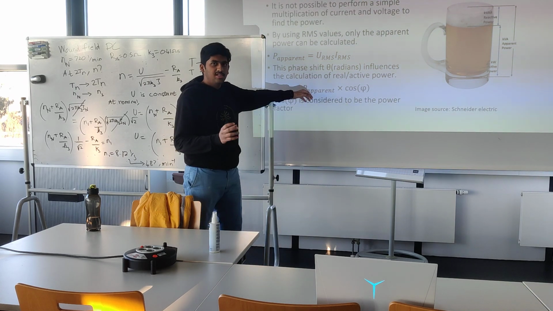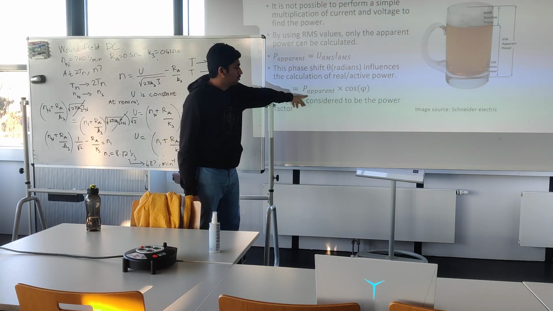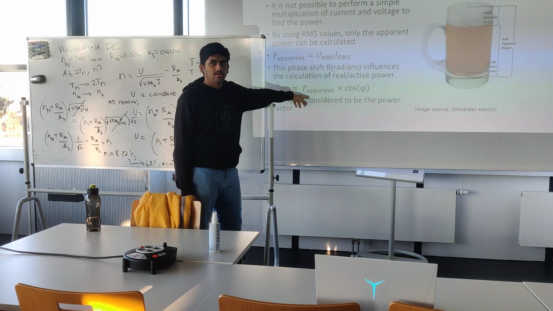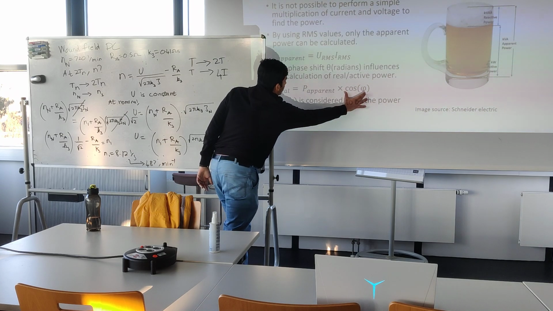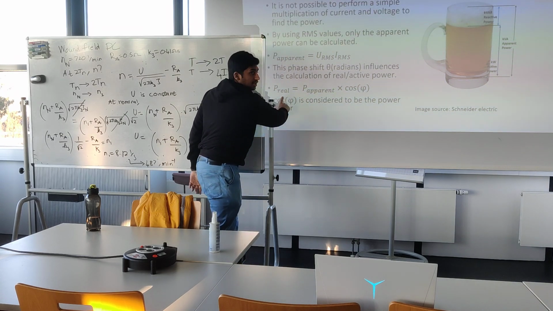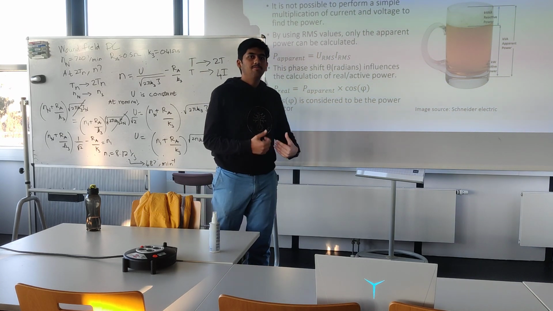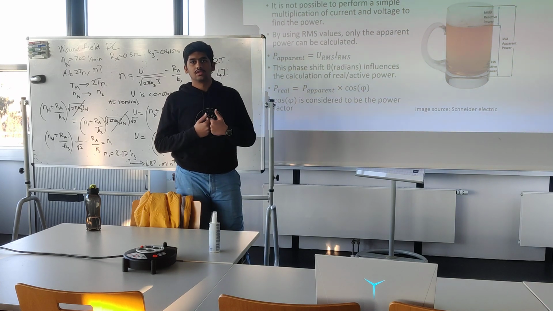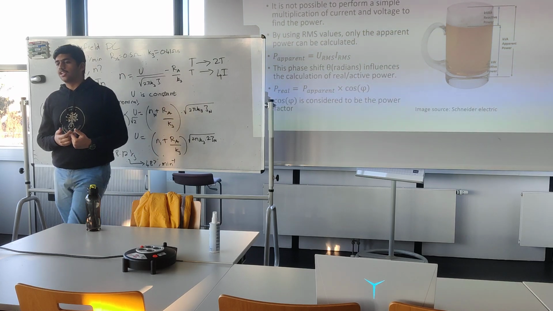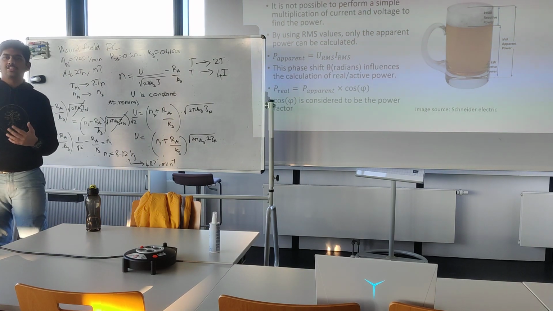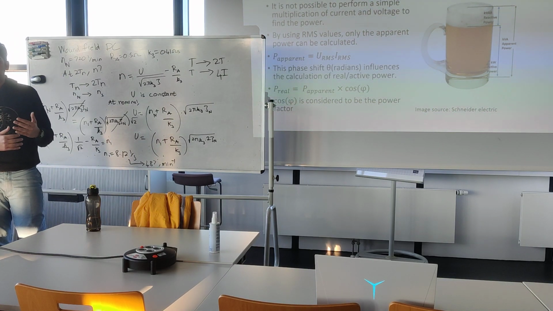And if you just multiply voltage and current, the RMS values, what we get is called apparent power, but it's not the real power being delivered. When you multiply by cos phi, this whole thing is called the power factor, and you get the real power. And real power is what matters. It's actually power being transmitted. But apparent power, it is flowing on the wires, but it's kind of recirculating. It's flowing and coming back.